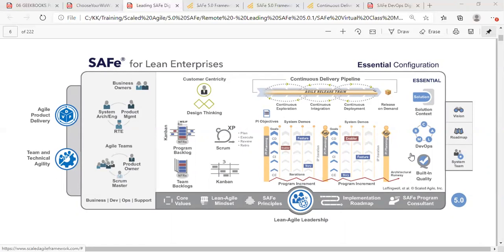Usually, companies in the transformation journey who want to move towards scaling agile start with the essential configuration. They get used to it, they get comfortable with it, and afterwards they start adding the other two layers. Now, I'm going to divide the essential configuration into two parts.